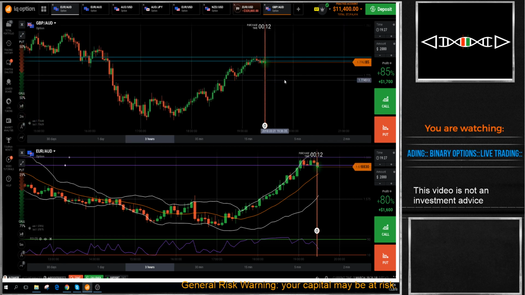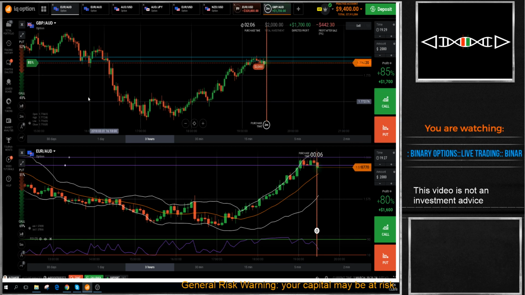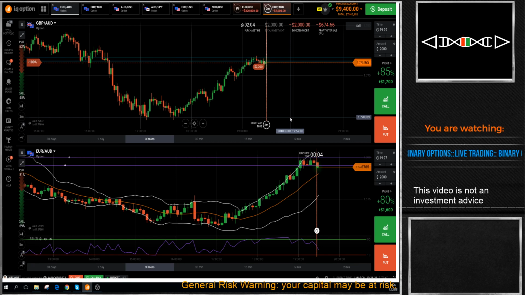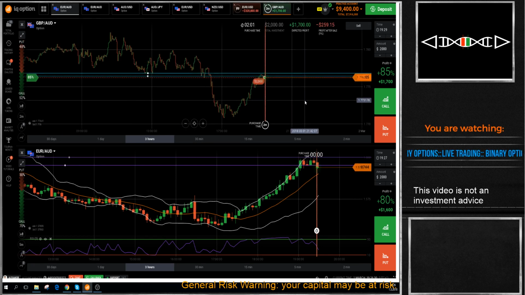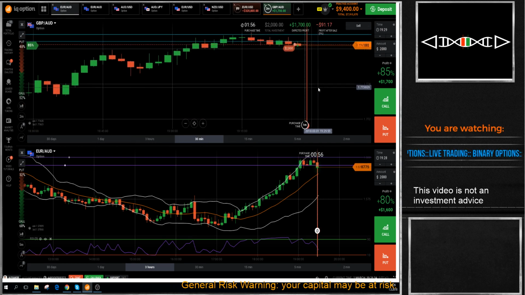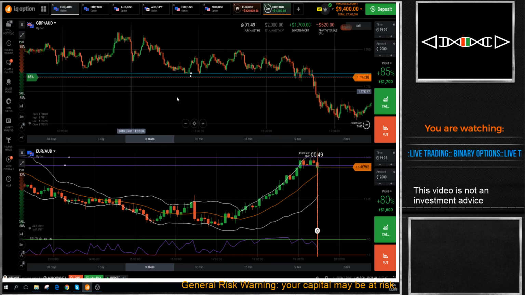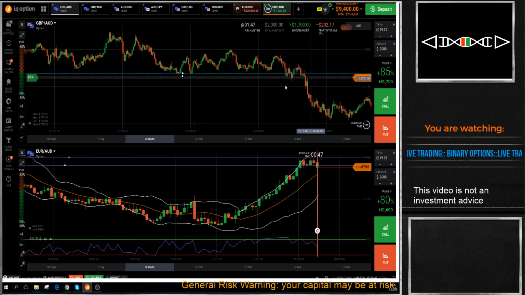This trade I will enter as a put trade with expiry time just over one candlestick because we are watching a 2-minute chart. And I would like to enter a 2000 trade because we are currently reaching this very strong resistance zone. As you can see, this zone has worked on multiple occasions, has been confirmed at least 2 or 3 times.